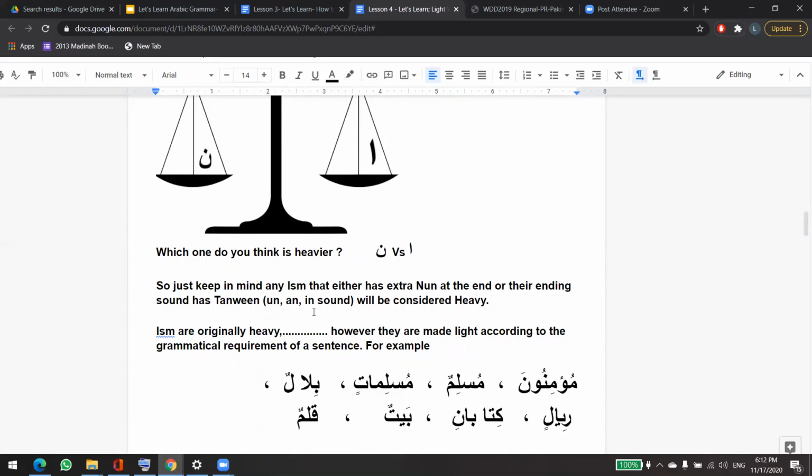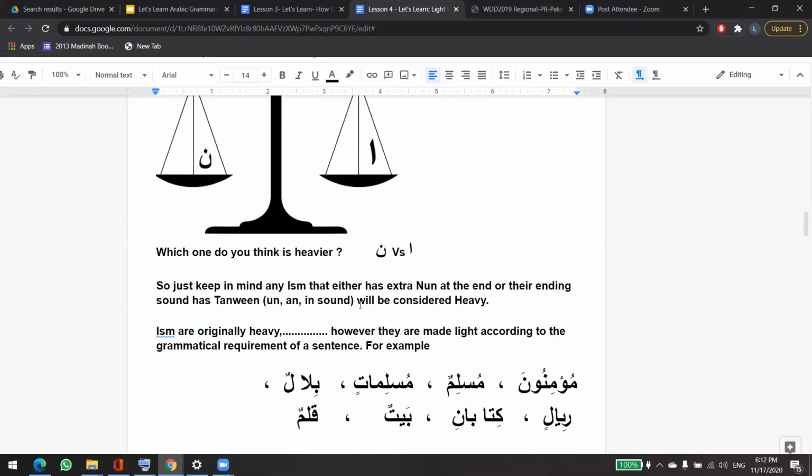So all three tanween are there. All those ism that have extra noon at the end or whose ending sound has tanween will be considered heavy.